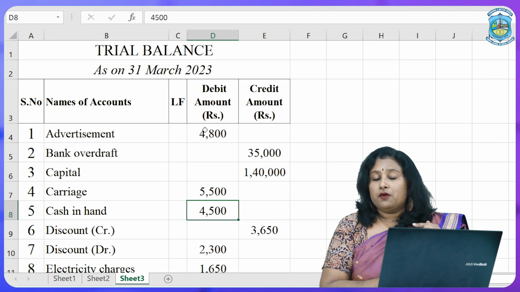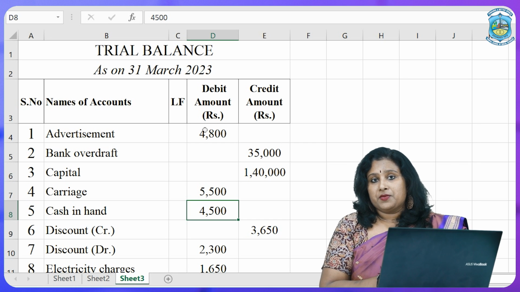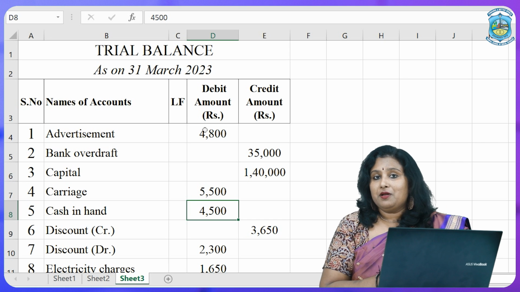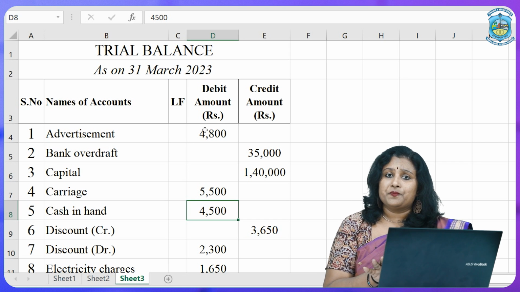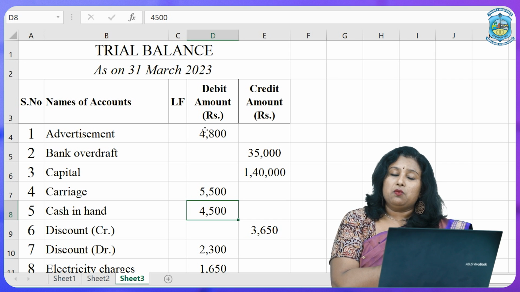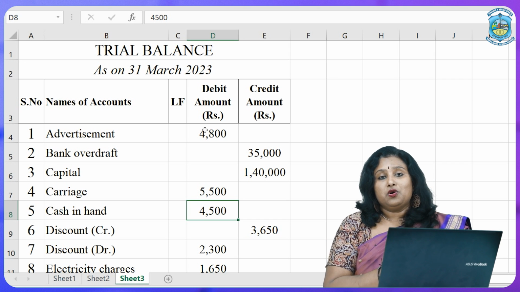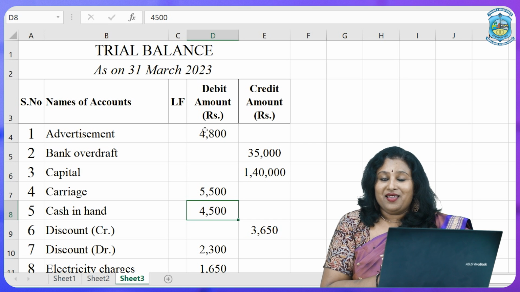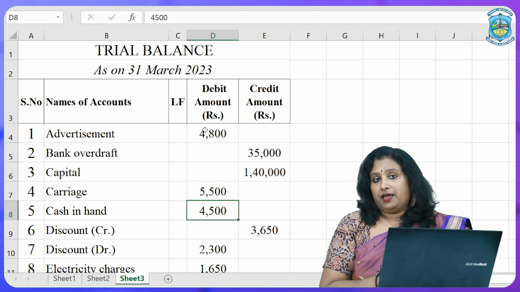The account which was to be debited was machinery. Instead of that, he has debited wages account, but a debit with the same figure has been done. Since the same amount has been debited and a similar amount has been credited, you won't be able to trace the error.